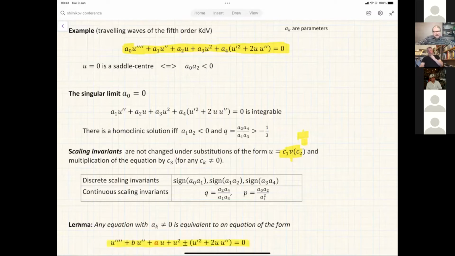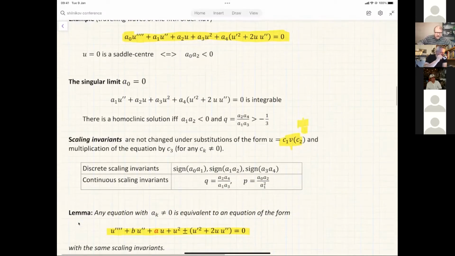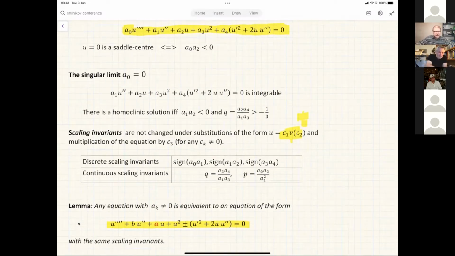That's exactly the equation which you get from the PDE. So although I wrote a generalization of the equation, by scaling you can put it into the form of the original example of Champneys and Groves.